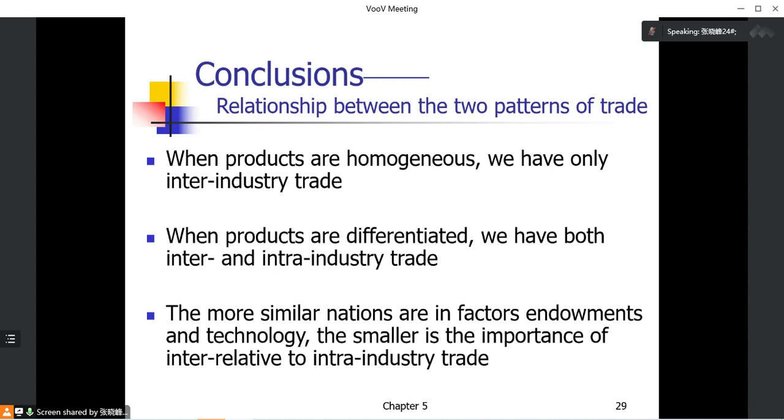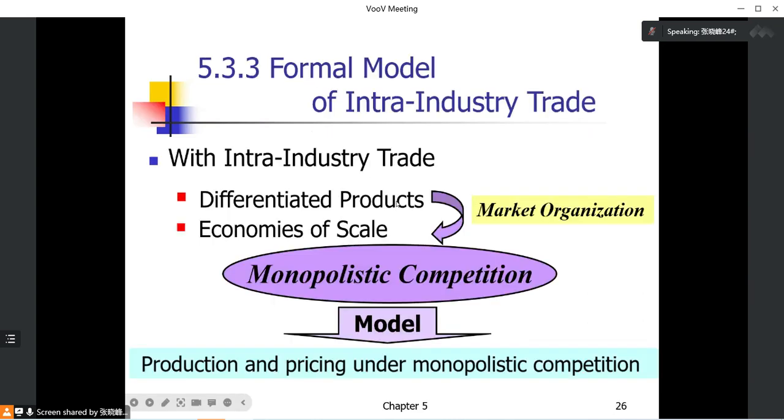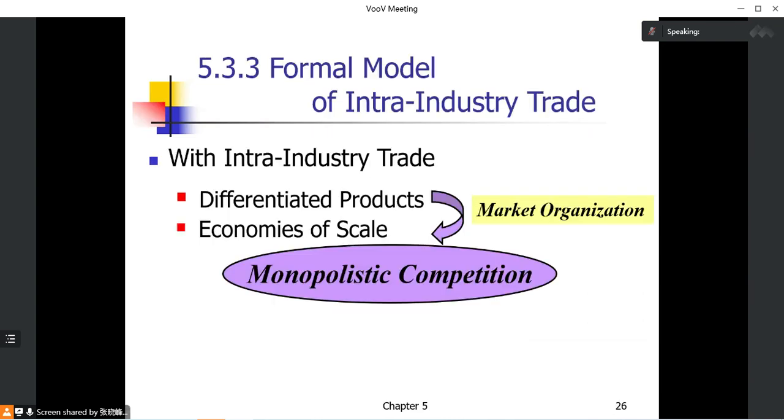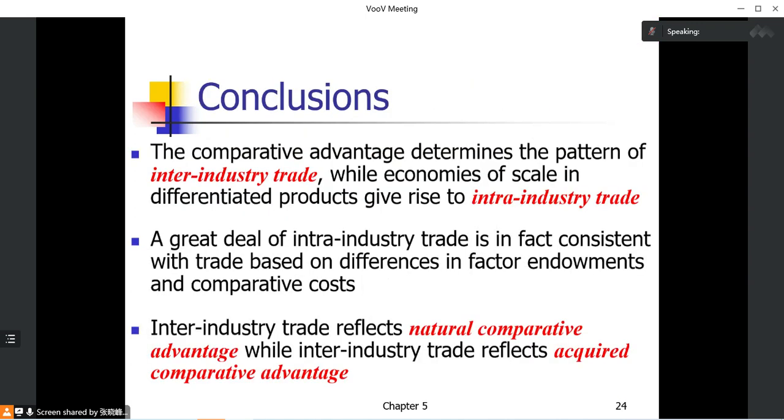Just because the inter-industry trade is based on what? The inter-industry trade reflects the natural comparative advantage.